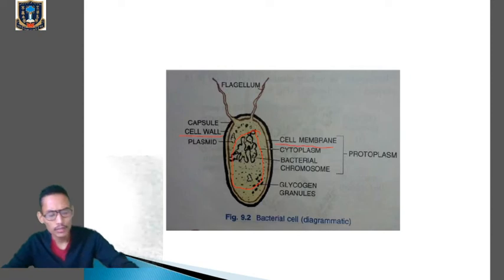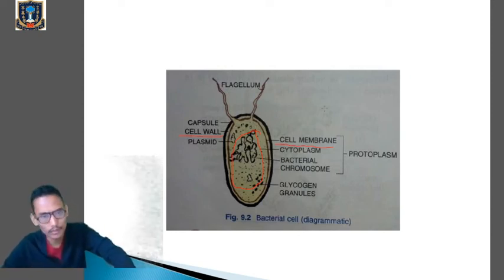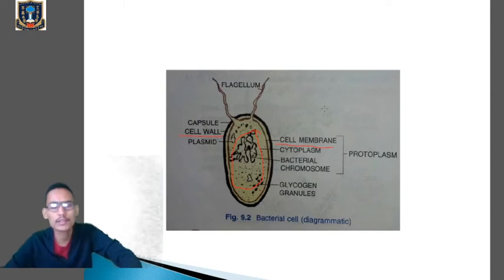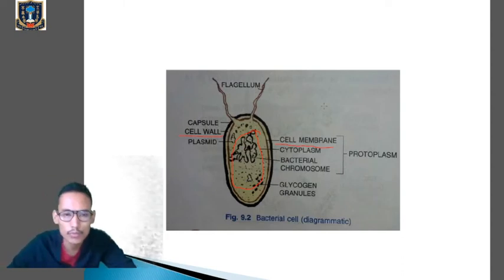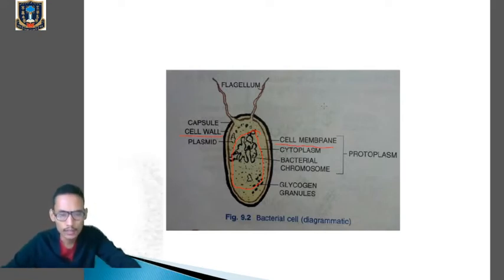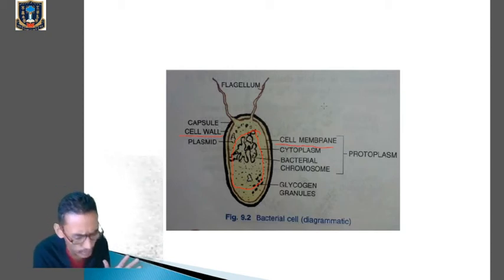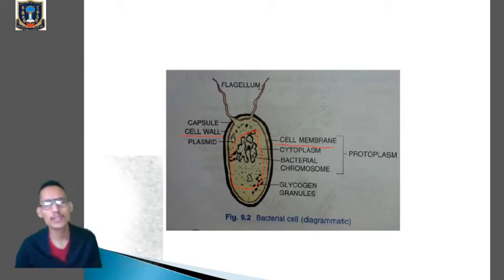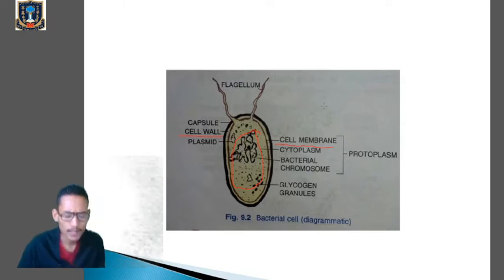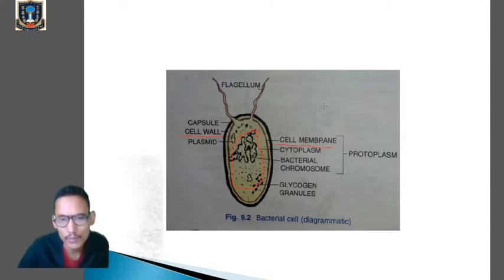Now the cell wall is made up of peptidoglycan, a polymer of sugar and proteins, or amino acids. In bacteria, there is no well-defined nucleus because there is no nuclear membrane. But chromatin material, that is DNA, is present in the central region.